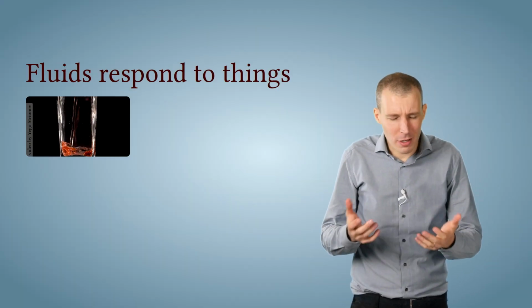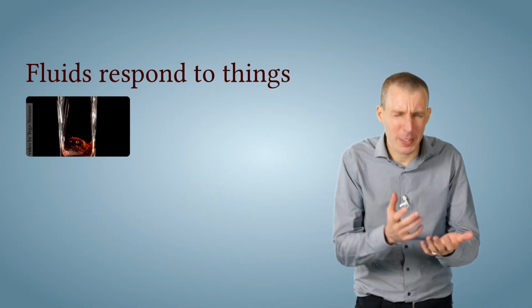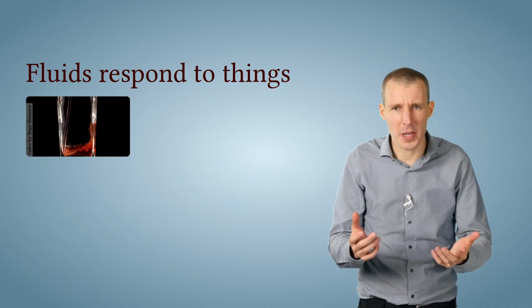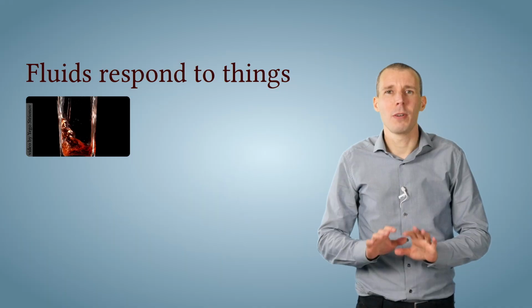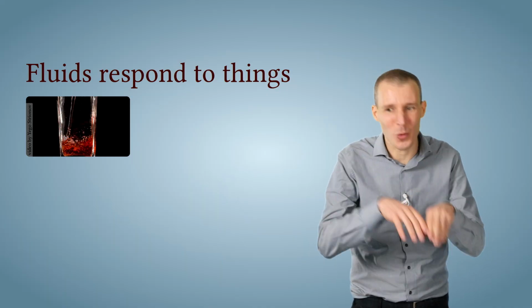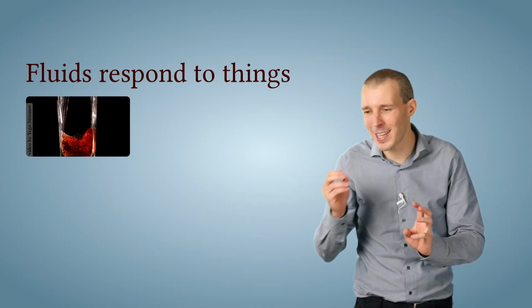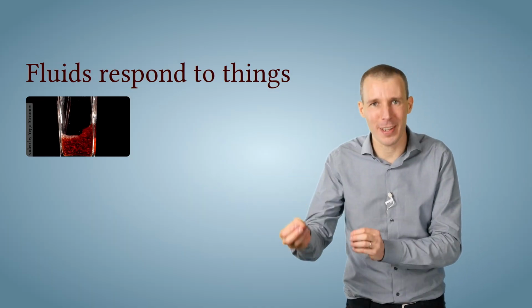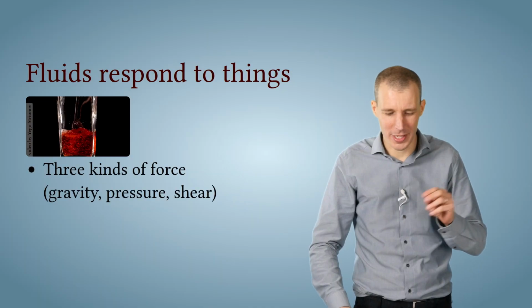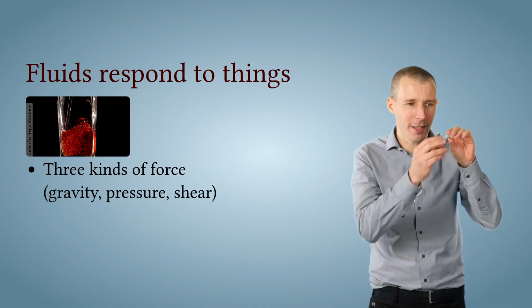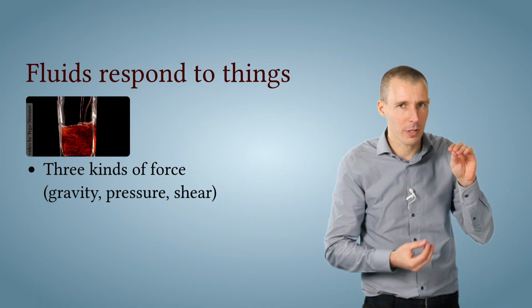So, you start studying a flow, it's mesmerizingly complex. Where do you begin? Well, relax. Fluids respond to things. We determine their movement exactly the same way that we determine the movement of anything else. Namely, we take a particle, and on this particle, only three kinds of forces can apply.